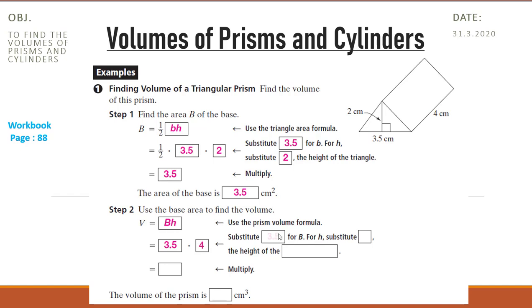So substitute 3.5 for capital letter B, and for h, which is the height of the prism, substitute 4. Okay, because we have here height of this triangle, and here the height of the prism. Now we are talking about the height of the prism. When you multiply 3.5 by 4, the answer will be 14. So the volume of the prism is 14 cubic centimeter.